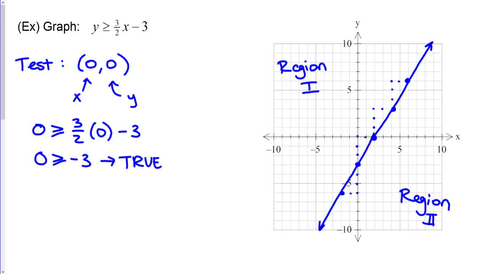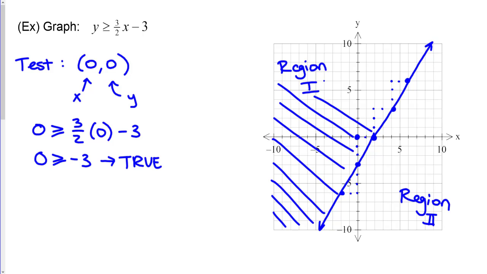Since that's a true statement, then the side of the line that contains the origin is the solution region. So here's the origin. The side of the line that contains the origin is the solution region. So what that means is this side of the line, every single point over here, are solutions to my inequality. So that graph represents the collection of all solutions to my inequality.